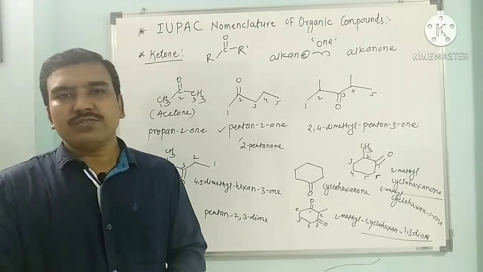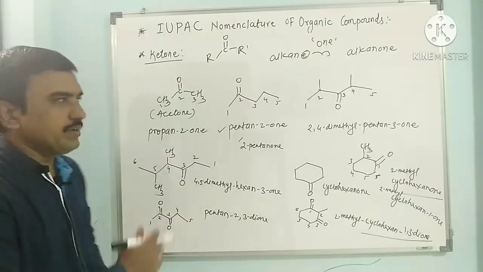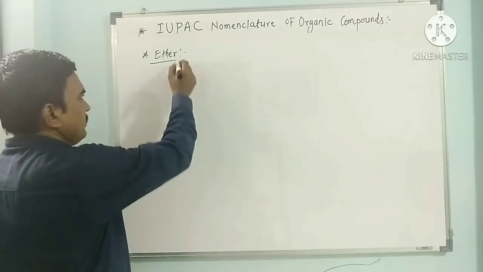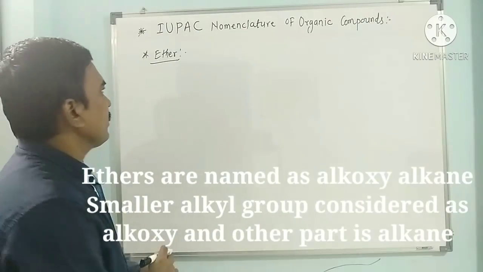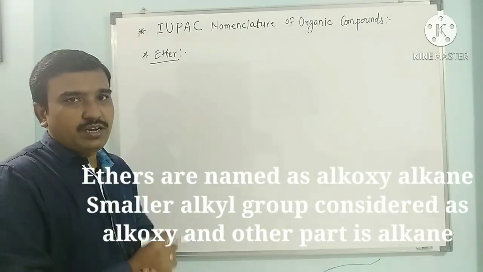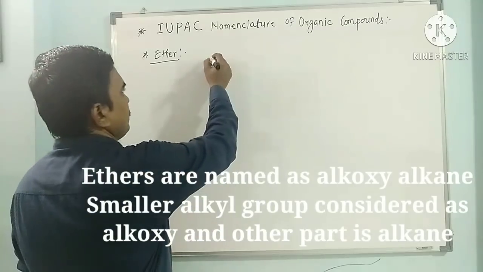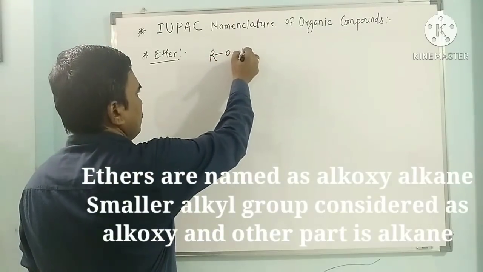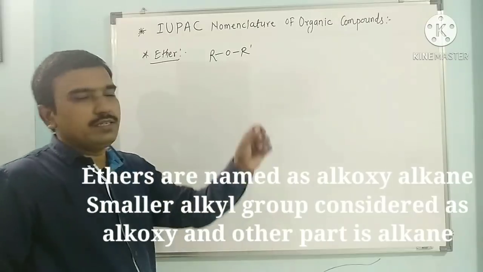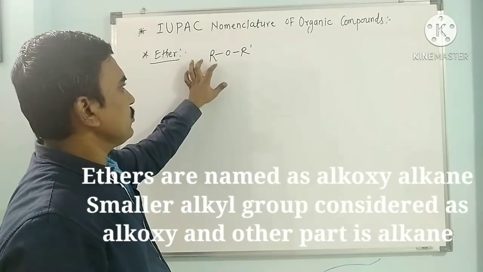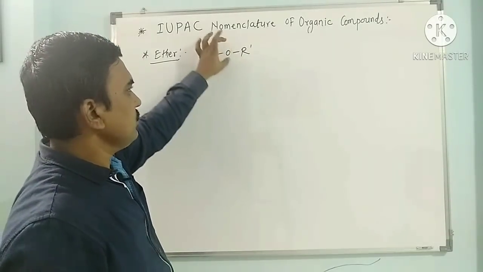Now next functional groups we have to see: ether and amine. Next is ether. Ether is having general formula ROR'. There is the oxygen inserted between two alkyl groups. This is alkyl group, this is alkyl group, this is oxygen.